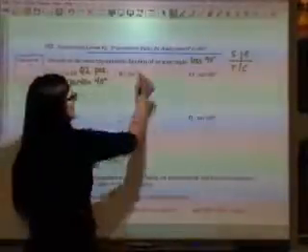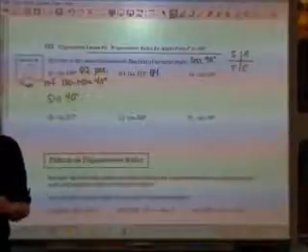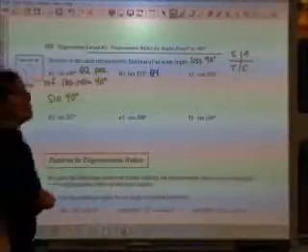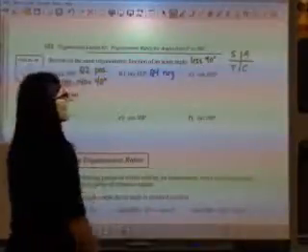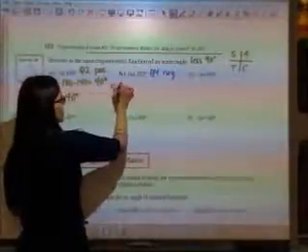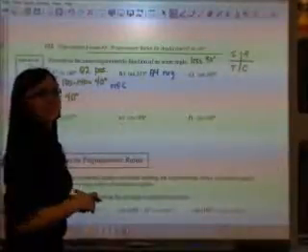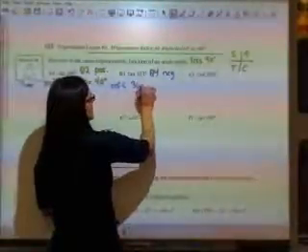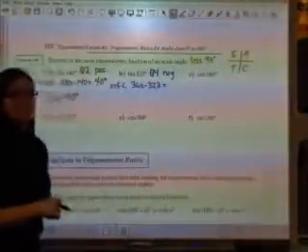323 degrees puts me in which quadrant? Quadrant 4. And in quadrant 4, what is the value of tan? It's going to be negative. How do I find the reference angle when I'm in quadrant 4? 360 minus 323, which equals 37.